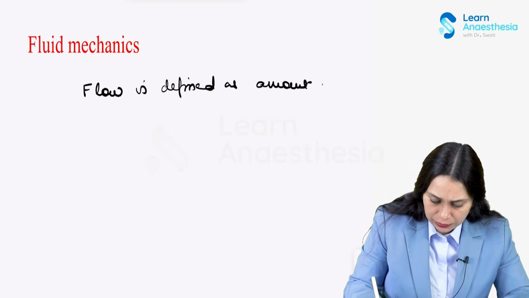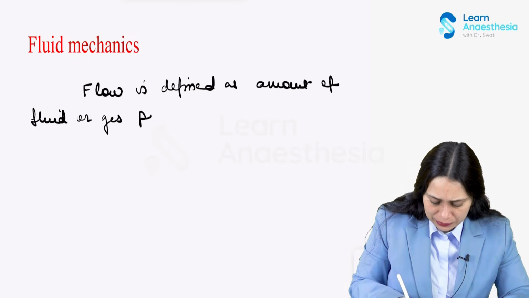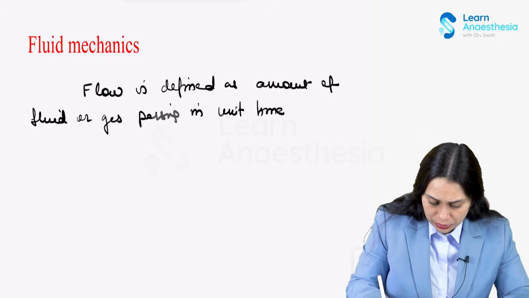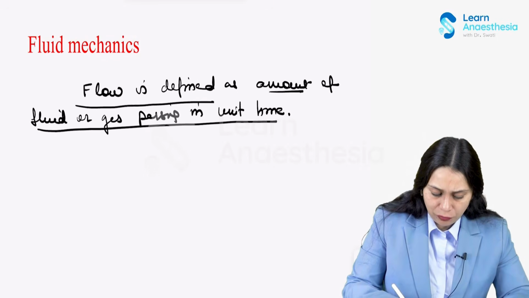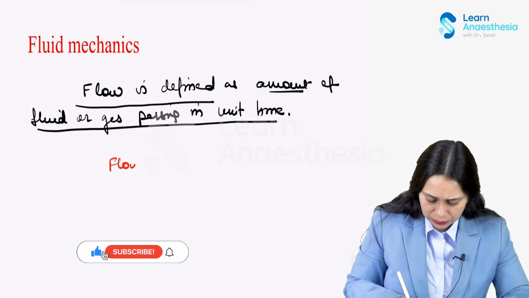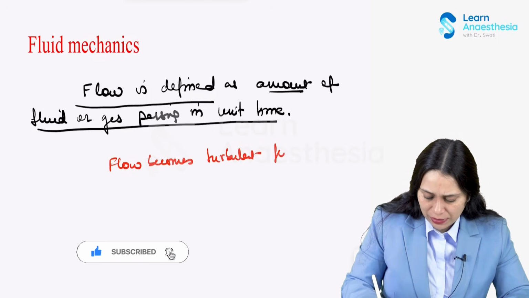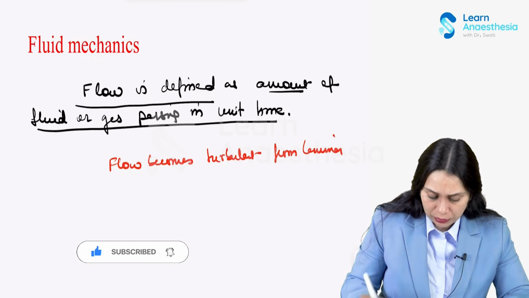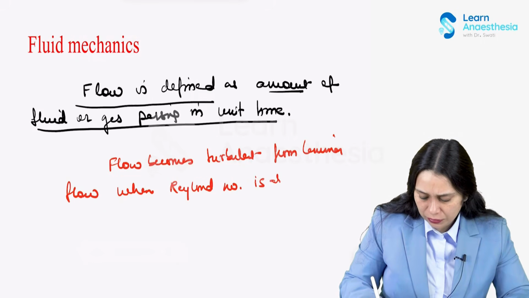Flow becomes turbulent from laminar flow when the Reynolds number is above 300.